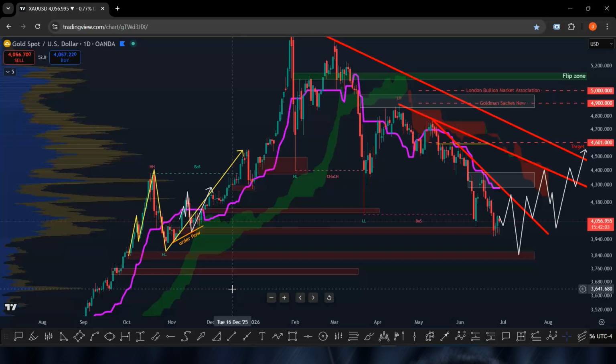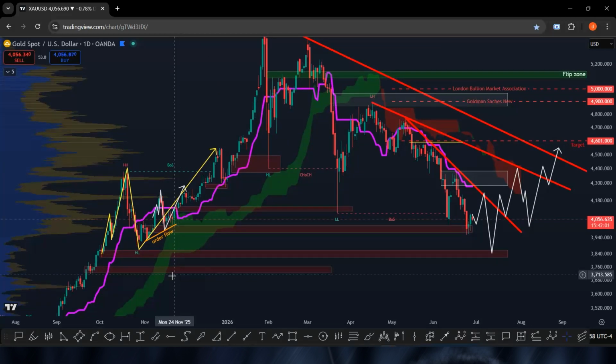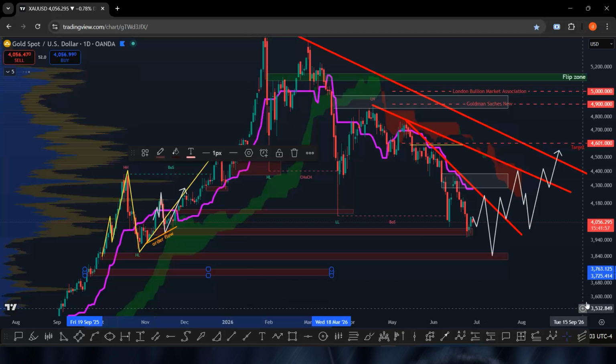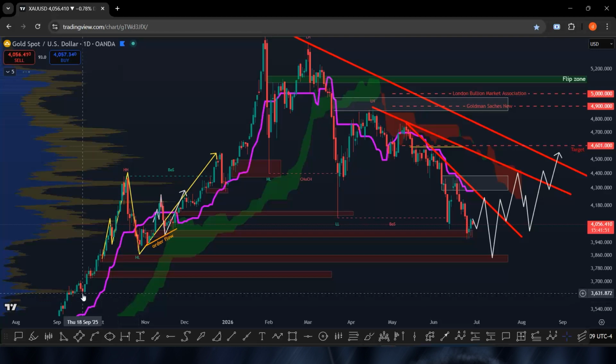We have several order blocks. If you check, the first order block downside is at 3,700-ish. And each time the market wanted to go upside, it formed a liquidity structure through the upside, and after that we saw a break of structure, or BOS.